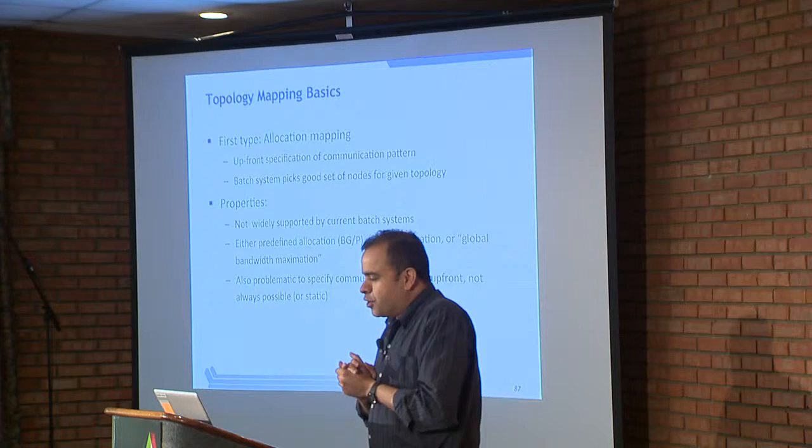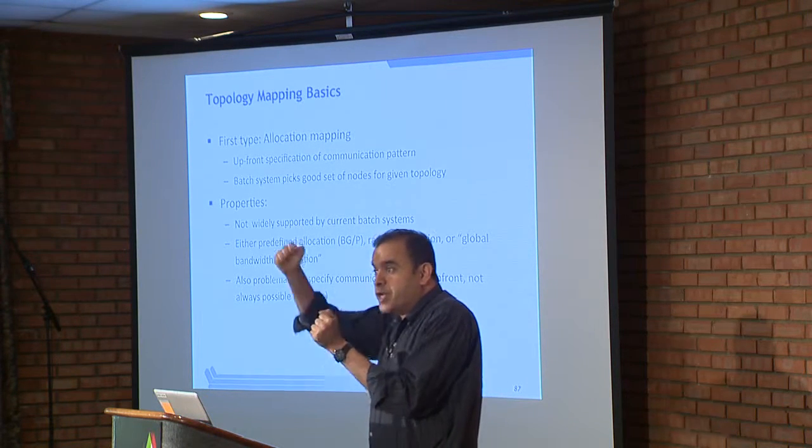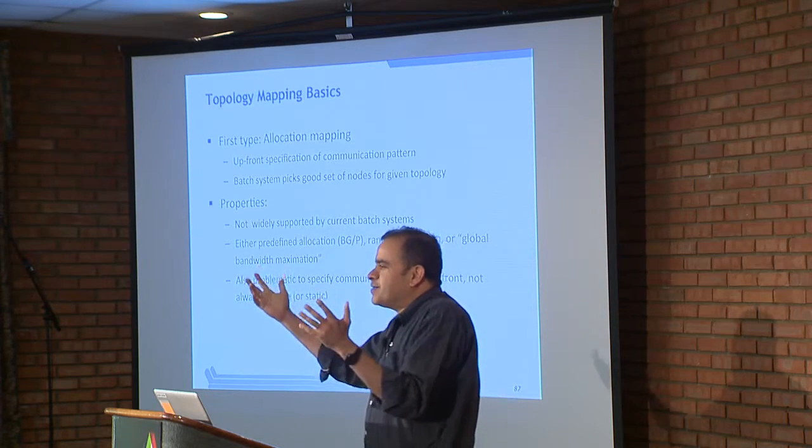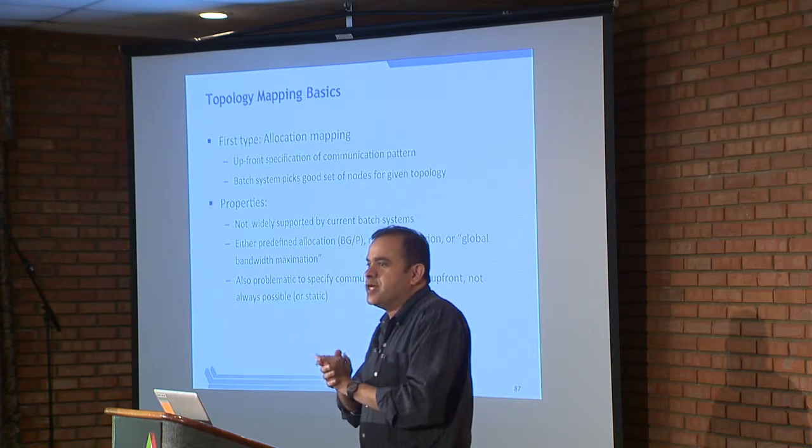That's not a good match for this default mapping of MPI ranks to cores or to nodes of the system. That's because you're now communicating over a distance. And although some vendors might say that distance doesn't matter, it does matter. If you're communicating among nearest neighbors, the performance is much better. So you want to avoid this long distance type of communication.